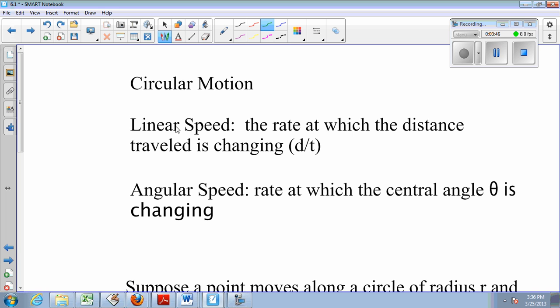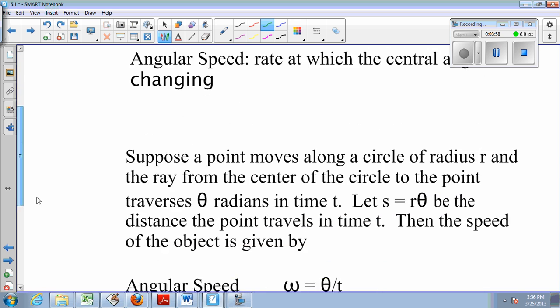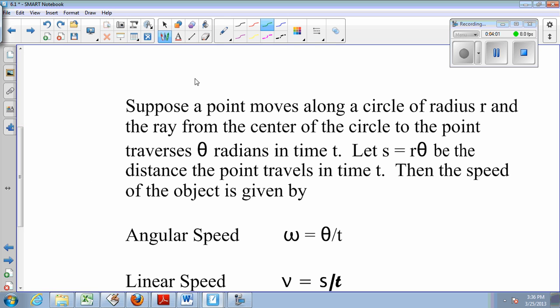Circular motion: linear speed is the rate at which the distance traveled is changing, distance over time. Angular speed is the rate at which the central angle theta is changing. Suppose a point moves along a circle of radius r and the ray from the center of the circle to the point traverses theta radians in time t.